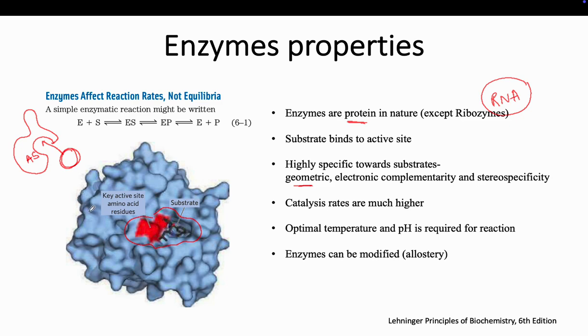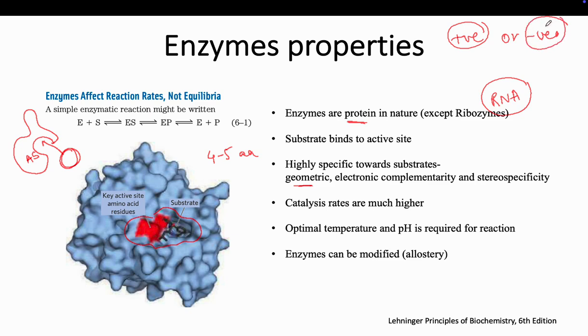Then we have electronic complementarity. In the active site, there could be 4 to 5 different amino acids, and these may have different electronic charges on them. They could be either positively charged or negatively charged.